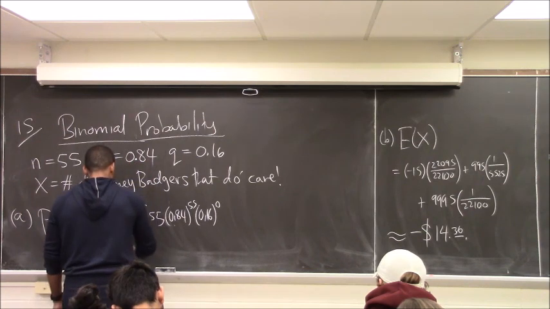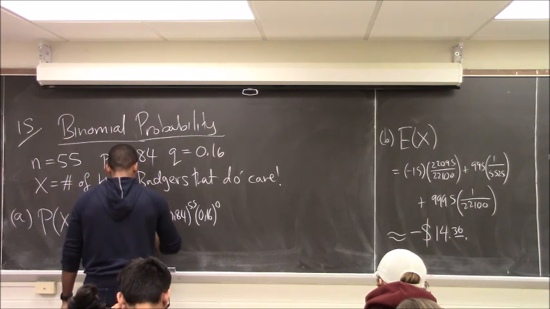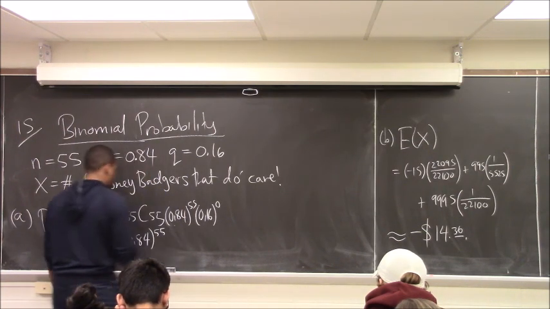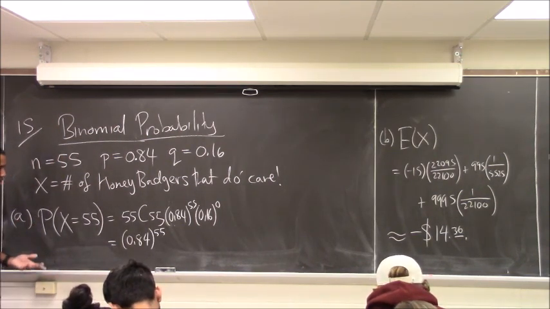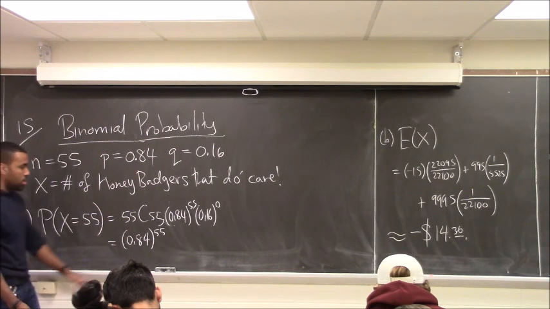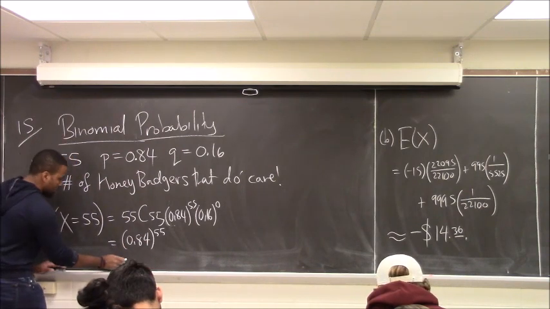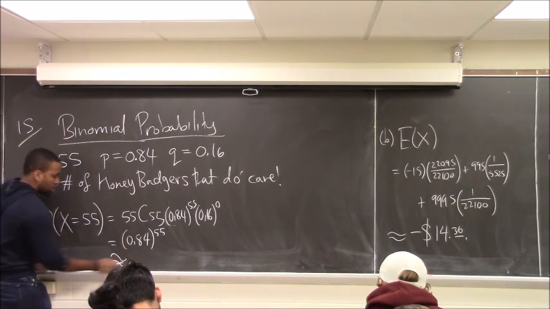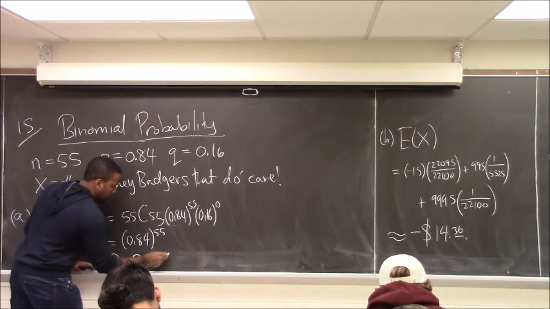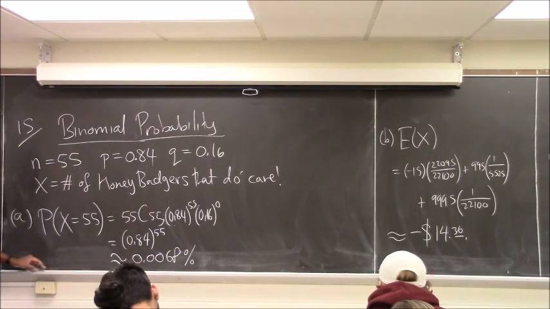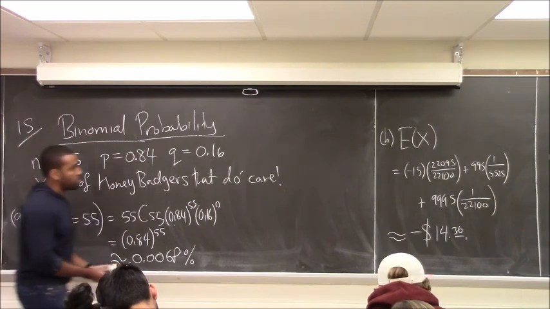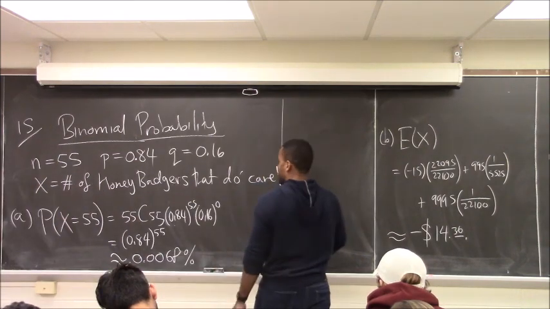This just comes down to all of them in succession not caring, 55 times in a row. Since they're independent, we just multiply all these probabilities, and that is going to be 0.0068%. It's a very small percentage. Odds are all the honey badgers aren't going to care.